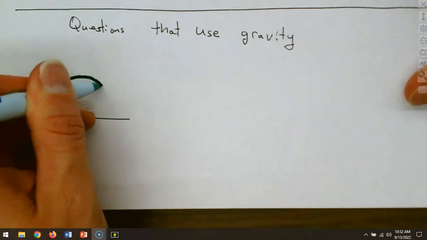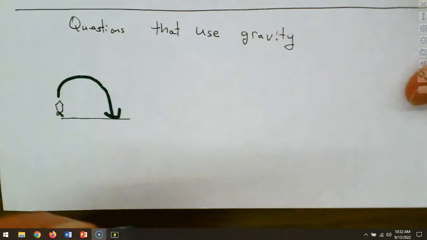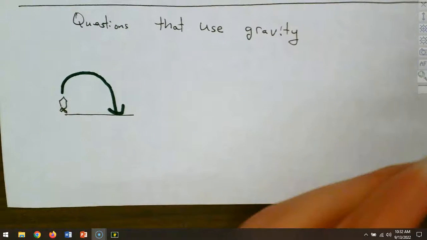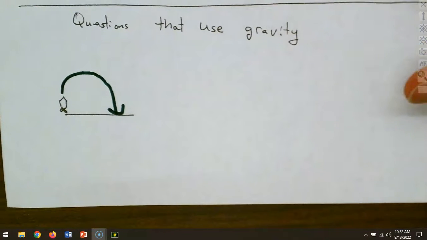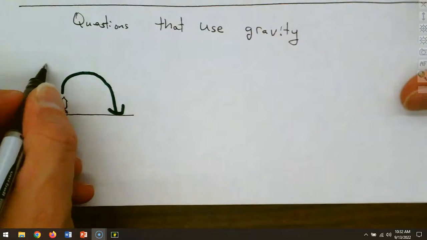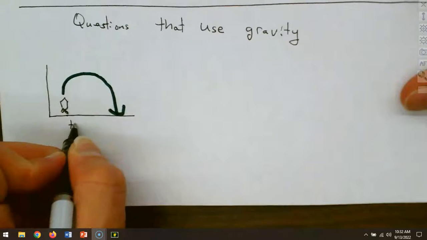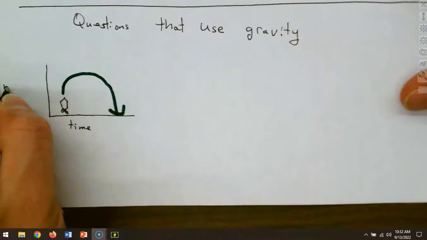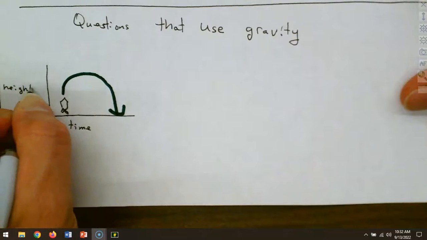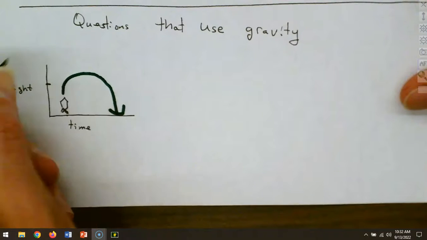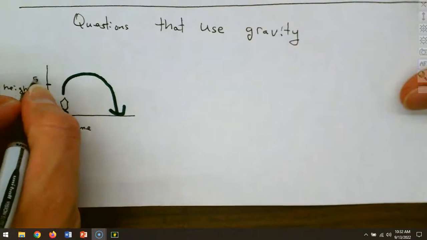So if I have a rocket and I launch this rocket up in the air and it comes back down, and this is going to be your height over here, okay, and this is time. Let's say I want a height of, in this case, 50.